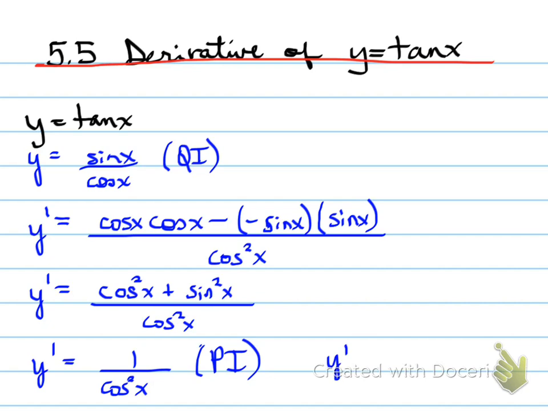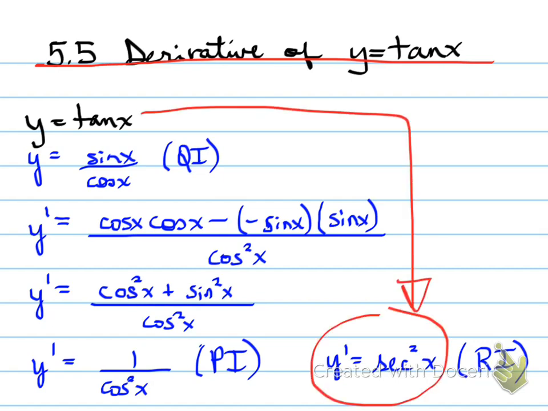Finally, y prime is equal to secant squared x because of the reciprocal identity. And it's funny how we use all three identities to prove the derivative of tan x is equal to secant squared x.